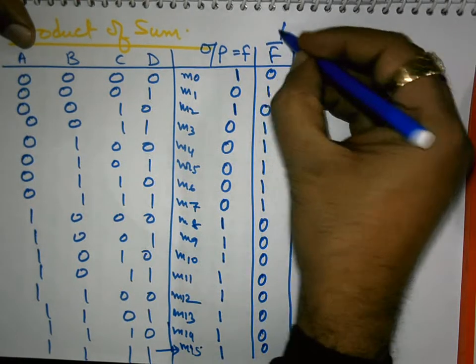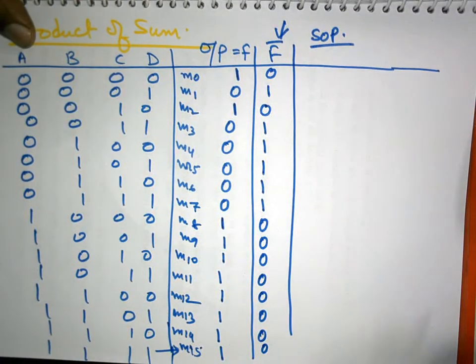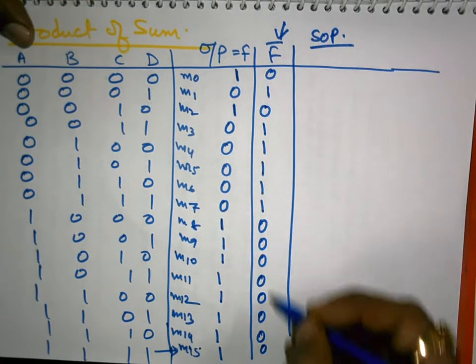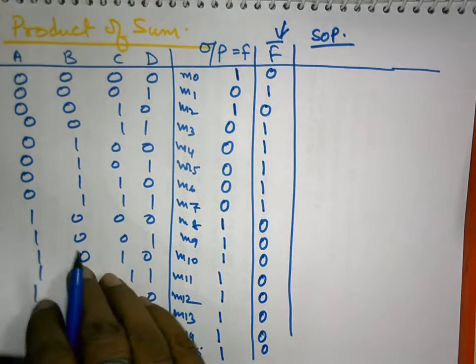So let us design a sum of product circuit using K-map for F bar. Let us design an SOP circuitry for F bar. What is the way? We will make a K-map for this and proceed with the designing. So, let us start.